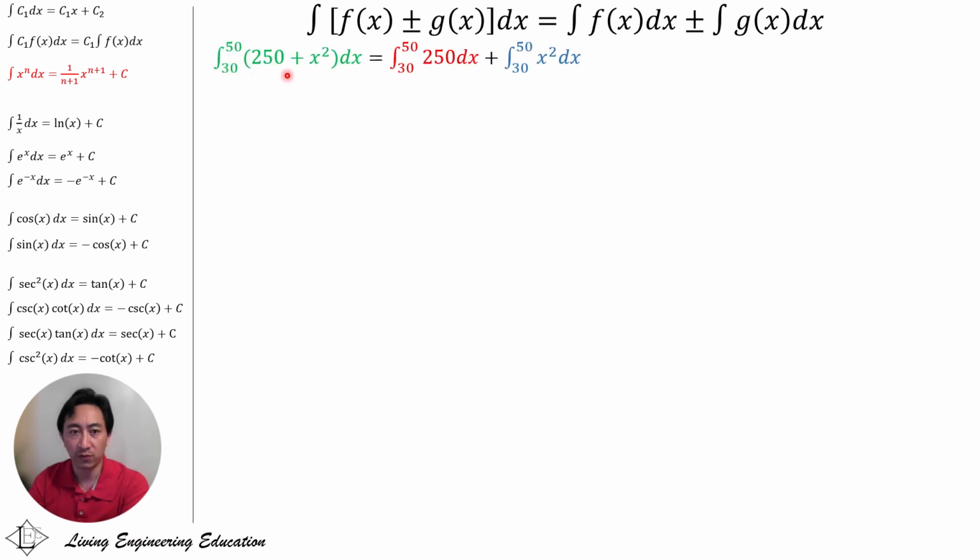So we have 250 plus x squared. We know that from the additive property that we can break this up into the integral of 250 plus the integral of x squared. So pause this video, see if you can take the integral of these individual components using the properties that we have here, and apply your limits. See if you get the same thing as what we have here.